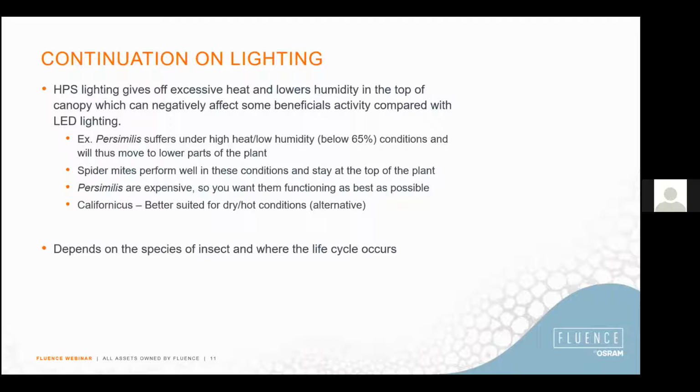This really does depend on the species of insect and where the life cycle occurs. So this is when you would be working with your experts at, say, BioBest, and figuring that out for your crop. But it's also important to monitor these things throughout your grow in order to know what these numbers are.